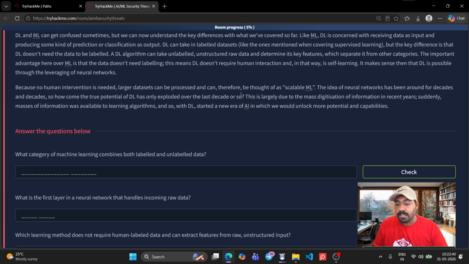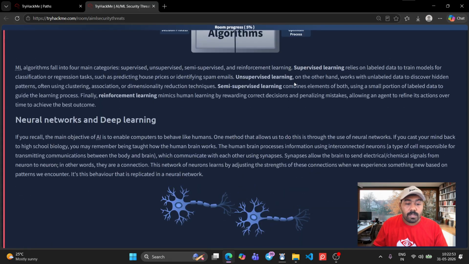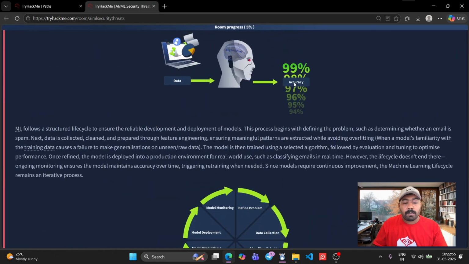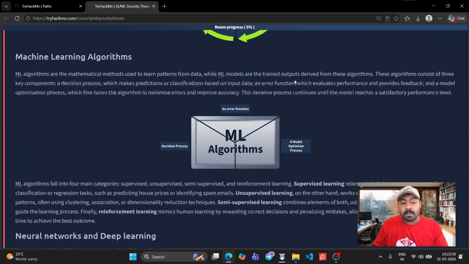Suddenly, masses of information were available to learning algorithms, and so DL started a new era of AI, unlocking more potential capabilities. These are the basic introductions to neural networks, deep learning, machine learning, and the main blocks of AI.